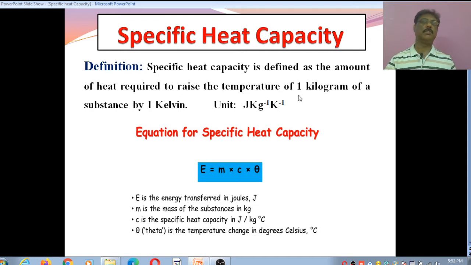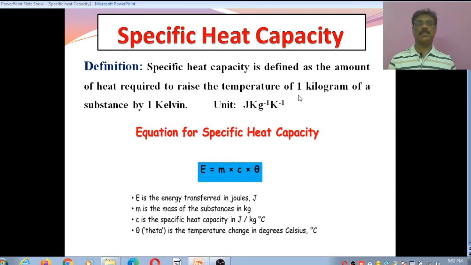So specific heat capacity is nothing but the total amount of heat required to raise the temperature of 1 kilogram of a substance by 1 Kelvin.